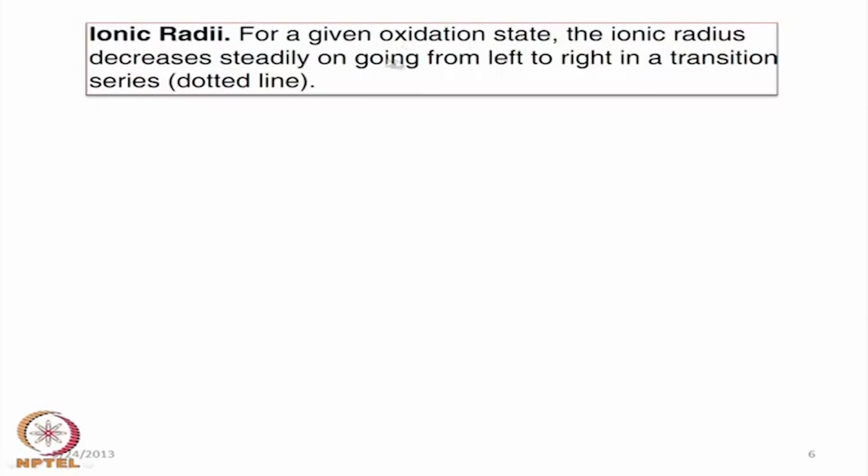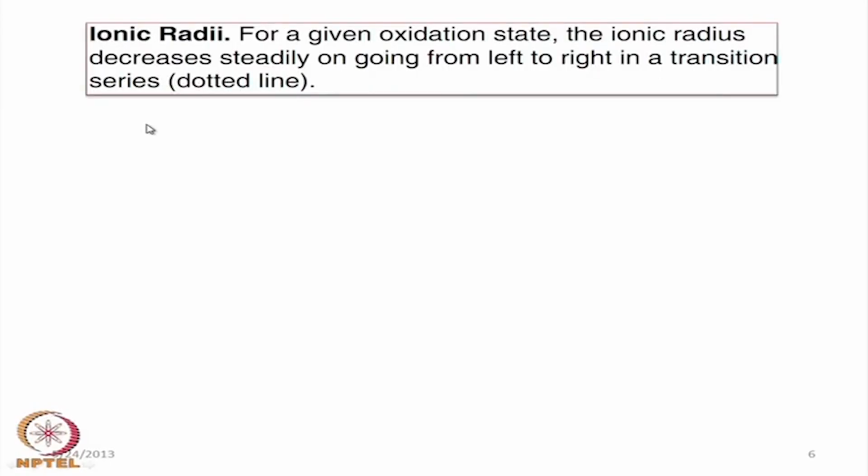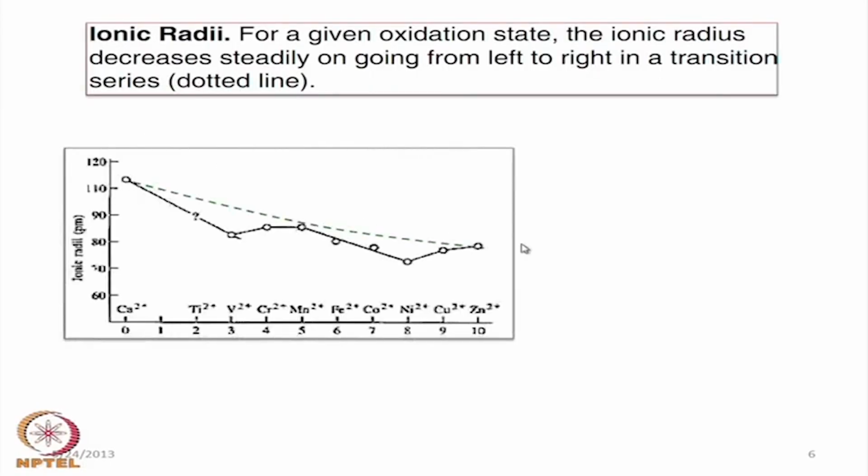So, for a particular oxidation state, the ionic radius decreases steadily on going from left to right in a transition metal series. We see a monotonic contraction in the size. So, ionic radius is falling, because in the other two cases the energy parameter for hydration as well as lattice formation is increasing from left to right.